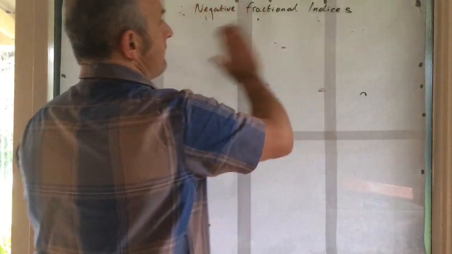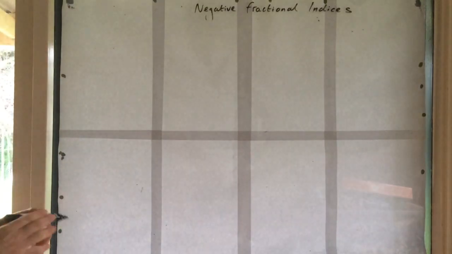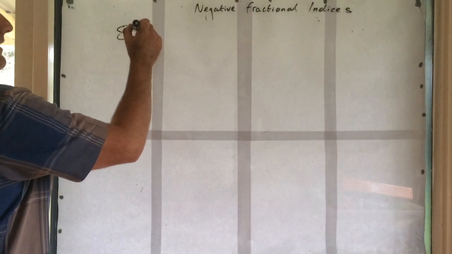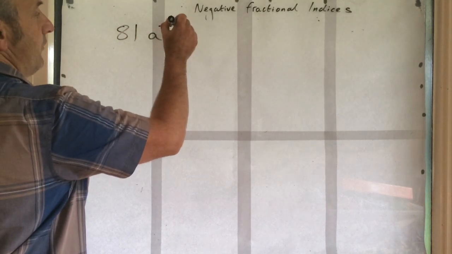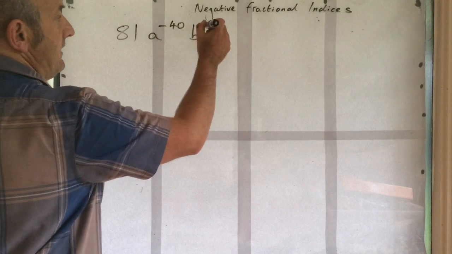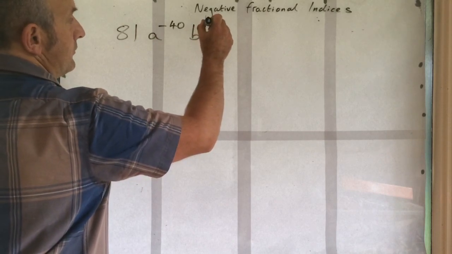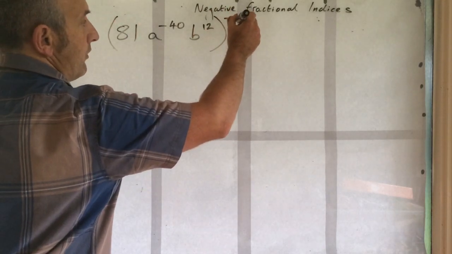Okay, so what about if you've got something like this? 81a to the minus 40, b to the 12, all to the negative quarter.